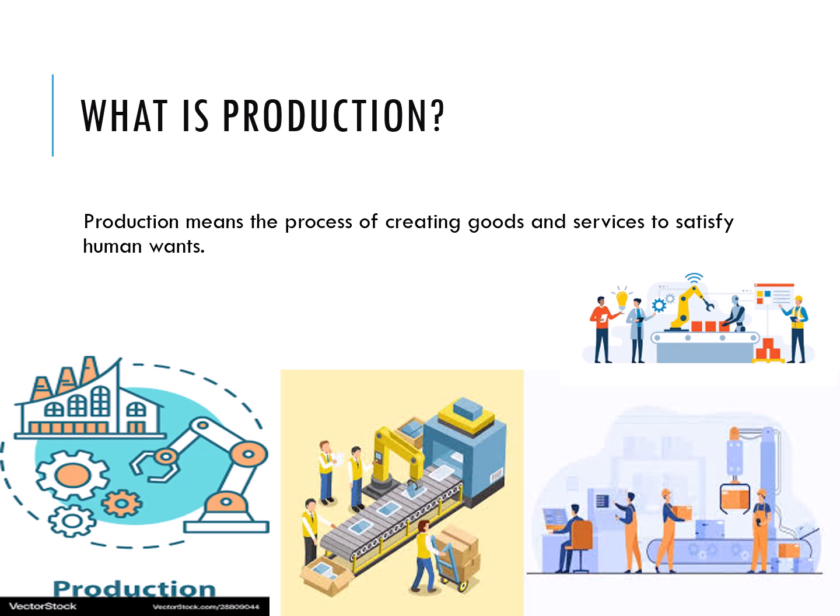Production does not only mean creating something completely new, it also means increasing the usefulness or value of something. Economics calls this utility creation. For example, if fruits are transported from farms to market, their usefulness increases because consumers can easily buy them, so production increases value and satisfies human wants.